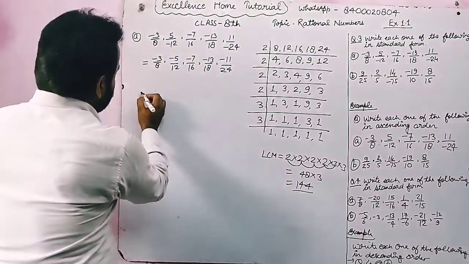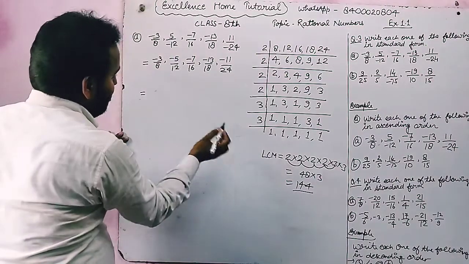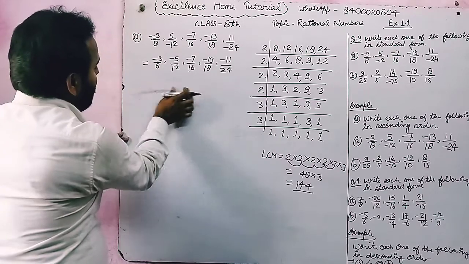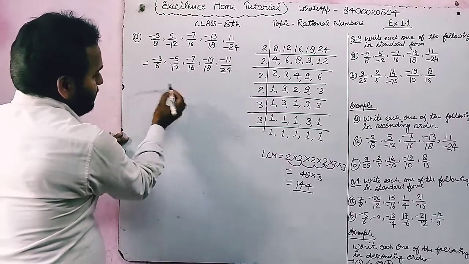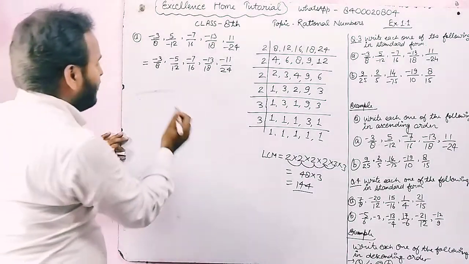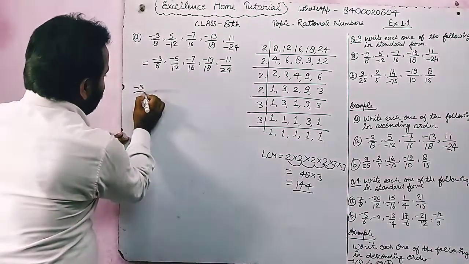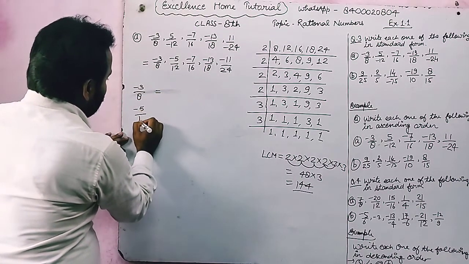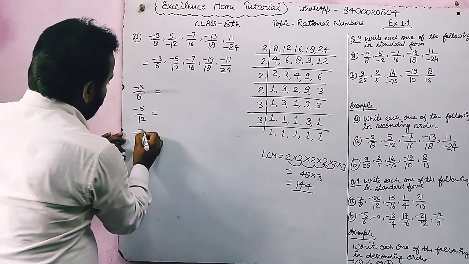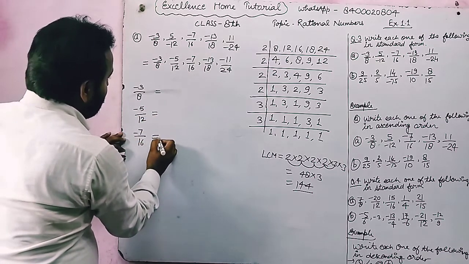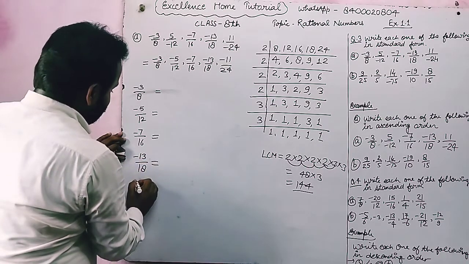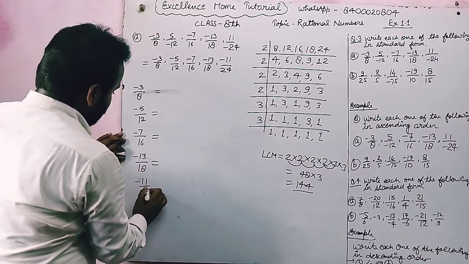So let's start. Individually we have to make these denominators equal to 144. That is minus 3 by 8, equal to minus 5 by 12, equal to minus 7 by 16, equal to minus 13 by 18, equal to minus 11 by 24.